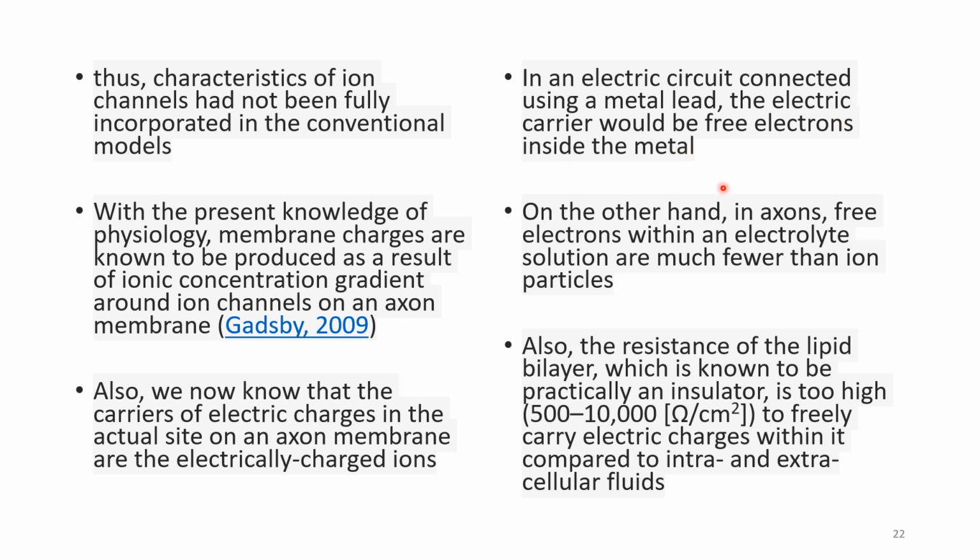In the axons, free electrons are very few compared with the actual ions, and the resistance of the cell membrane, the lipid bilayer, is very high, 500 to 1000 ohm per centimeter square.